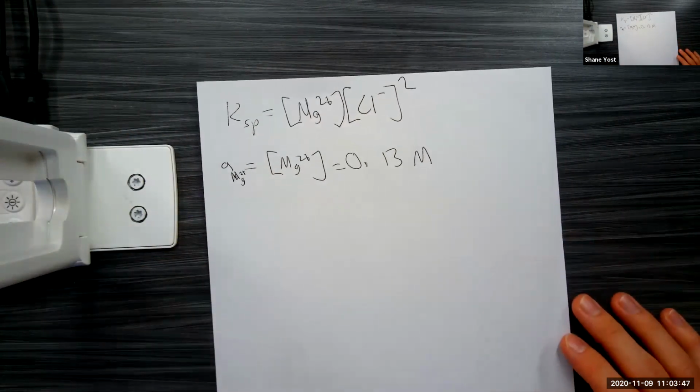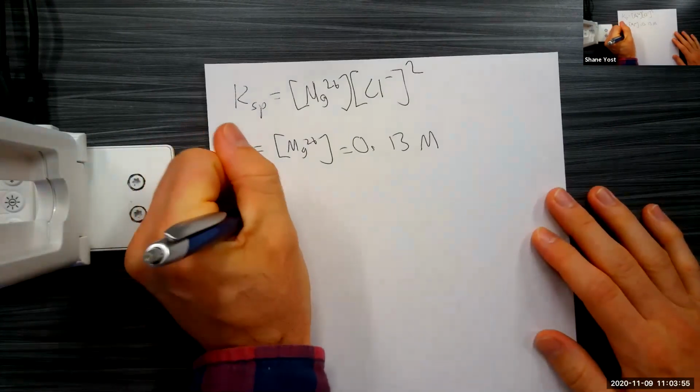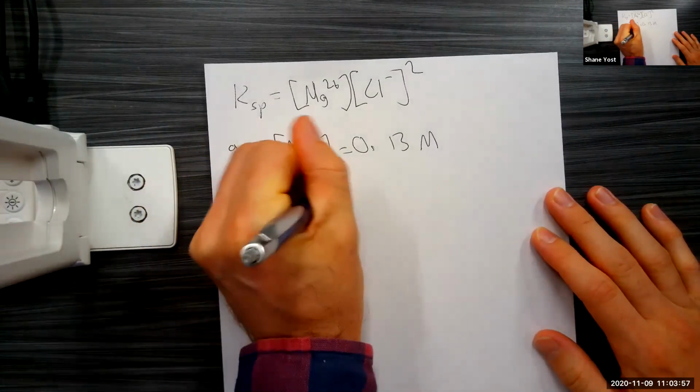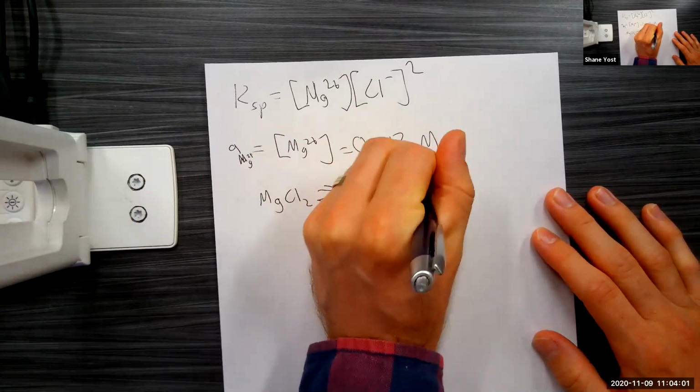Well, how this Mg2+ ion got into solution is from the dissolution reaction, MgCl2 going to Mg2+ plus 2Cl minus.